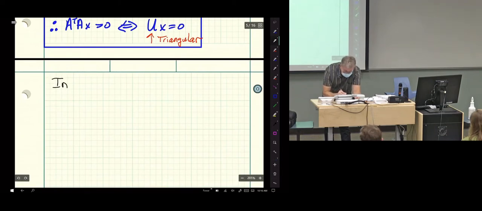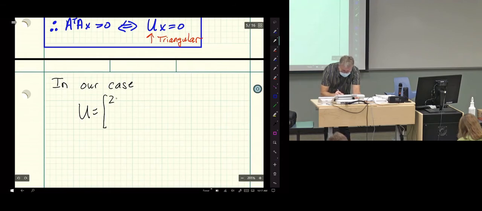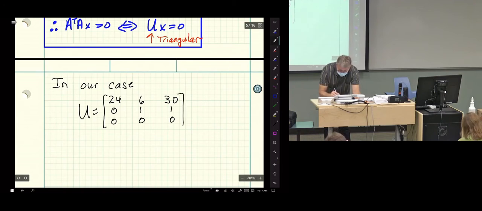Okay, so if I copied everything correctly, in our case, we end up with U equals this: 24, 6, 30, 0, 1, 1, 0, 0, 0.